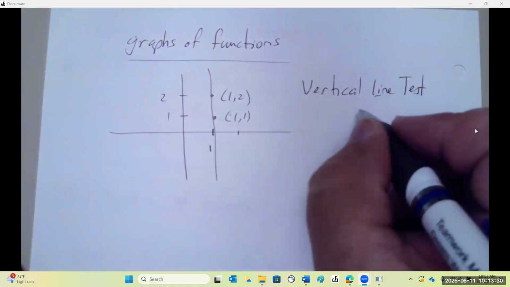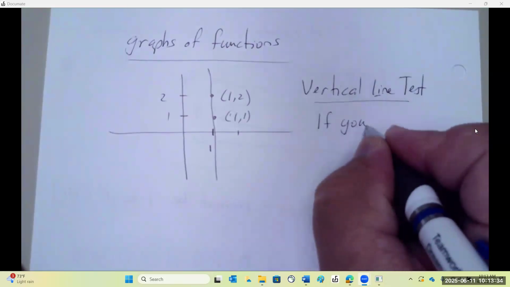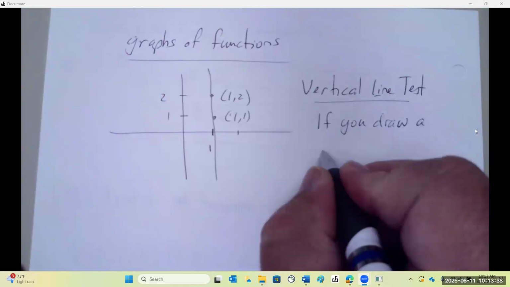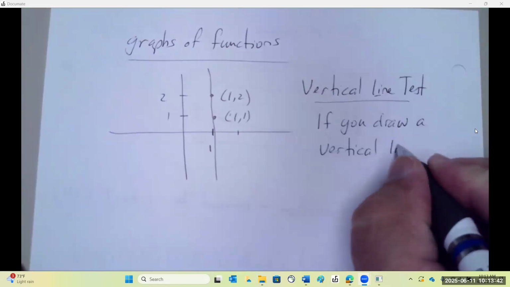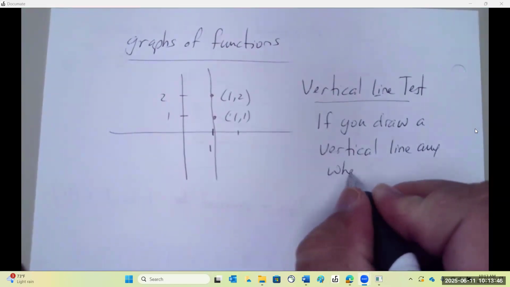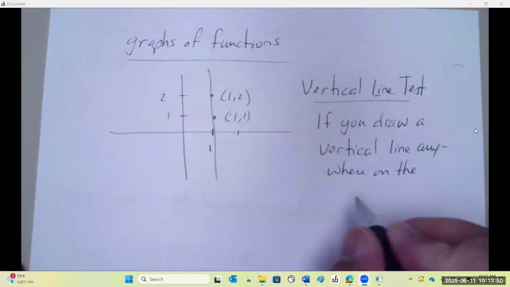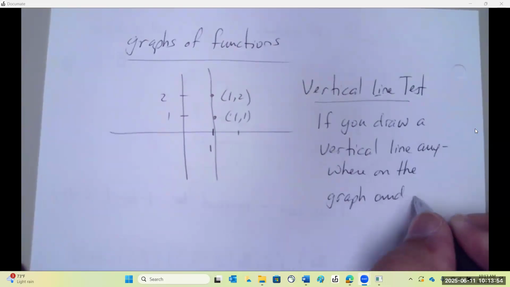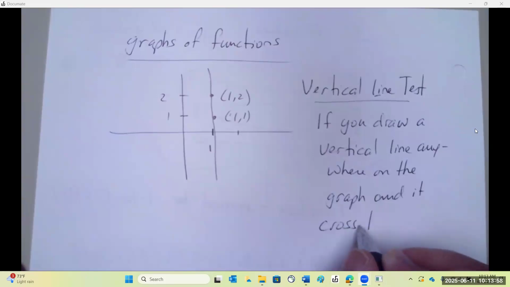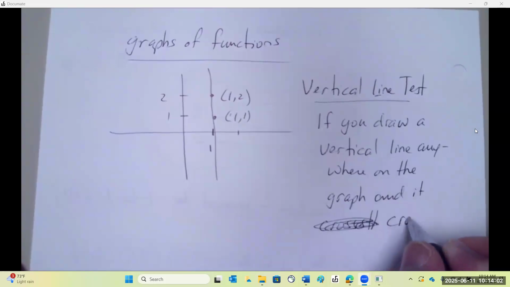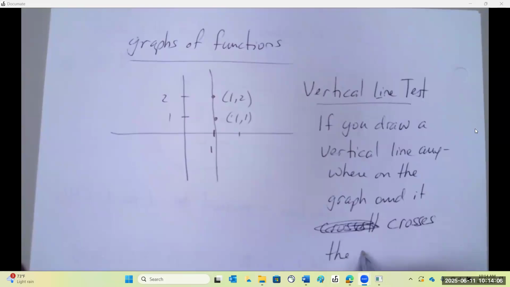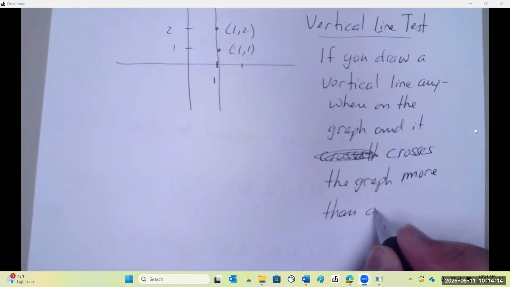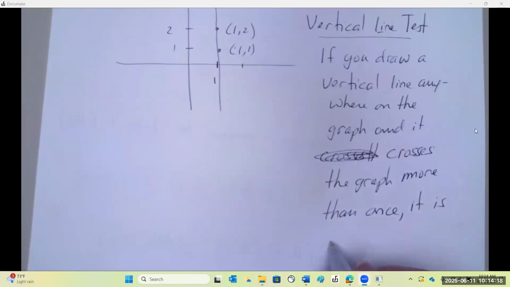The vertical line test: if you draw a vertical line anywhere on the graph, and it crosses the graph more than once, it is not a function. It's not one-to-one.